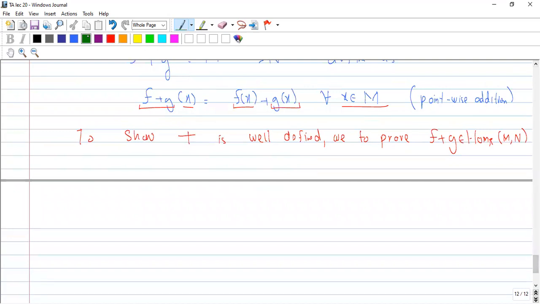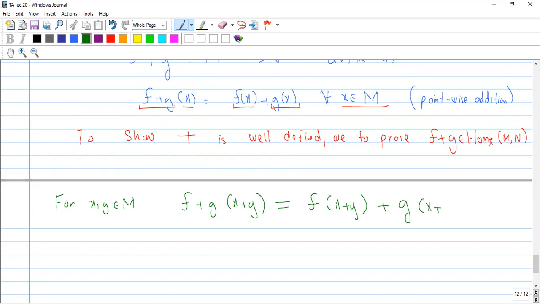ये थोड़ा सा लंबा प्रोसेस है, तभी मैं शो कर देता हूँ कि अगर मैं x और y दो एलिमेंट लूँ M के, तो f plus g में अगर मैं x plus y पुट करूँ, so by definition it is equal to f of x plus y plus g of x plus y, क्योंकि ये डेफिनेशन है ना पॉइंट वाइज एडिशन की, and since f is an R module homomorphism, so this is equal to f of x plus f of y plus g of x plus g of y.